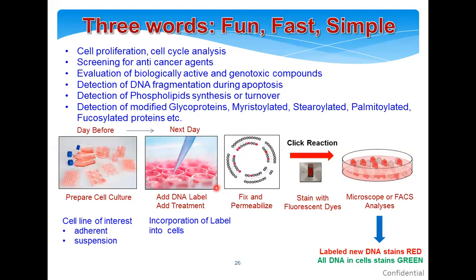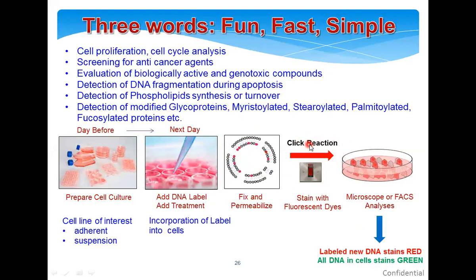Once you stop, the incubation time depends. In the subsequent slide, I will show you the time range. For different assays, there's a different time range. And then once the reaction is done, you stop the reaction and you fix and permeabilize the cells and perform the click reaction outside, which means once it's permeabilized, now you're just adding to the wells. This already has the alkyne group attached to the incorporated purine analog or the DNA analog or other analogs.